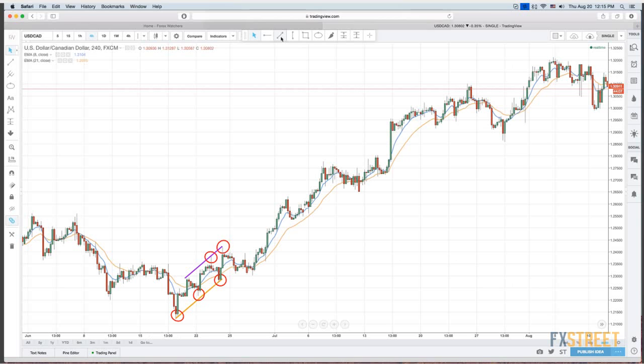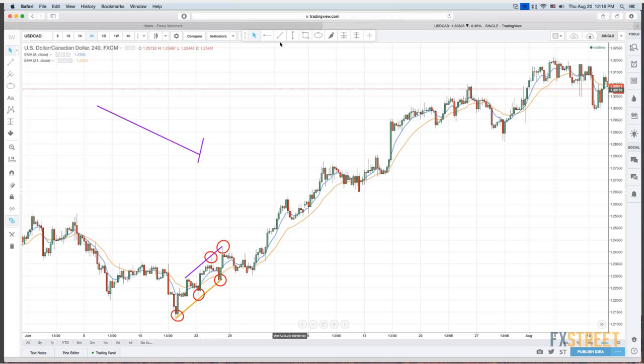Good. All right. So always remember that if the market has been going down and down and down and down like this, and then suddenly it just goes bloop like that, is that an uptrend? No, we don't know that yet.